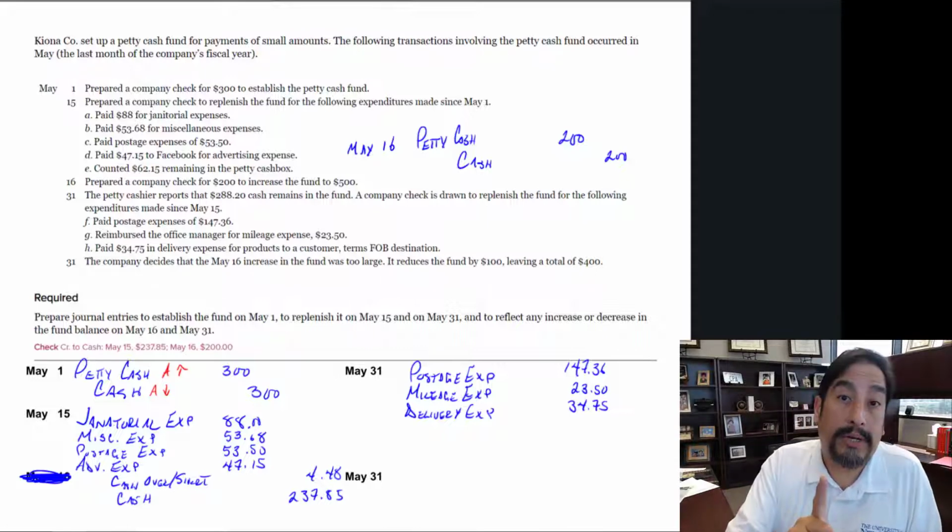That's the first thing we want to do, is record all of the receipts, record all of the expenses from those receipts. We only had 3 of them this time.